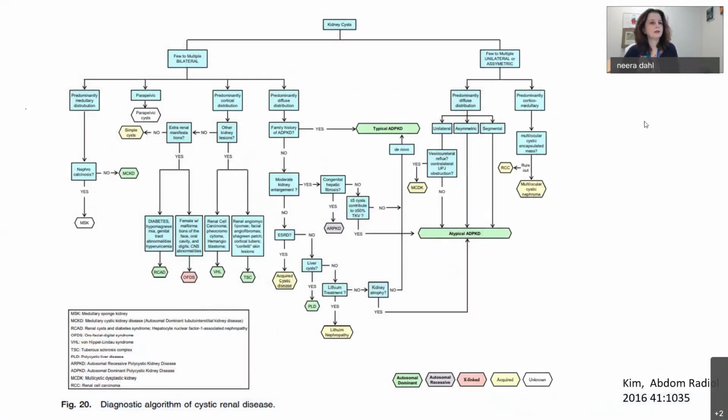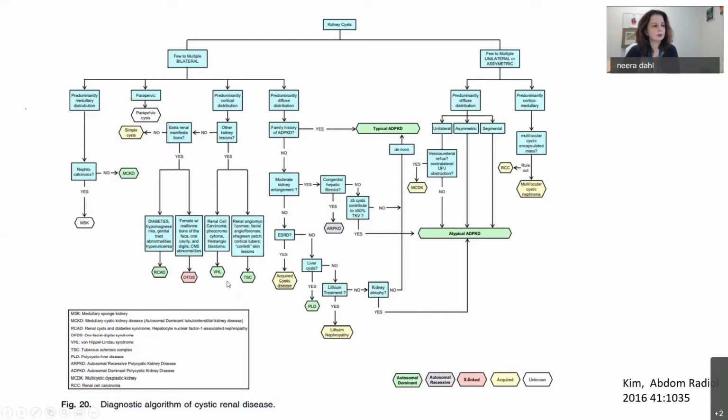If we're thinking of this from a kidney imaging perspective, I found this slide helpful. If you see someone with multiple cysts, if they're bilateral, that puts you in the ballpark for ADPKD. Whether they're parapelvic, cortical, or in diffuse distribution will help sort out whether it's truly ADPKD or, in this case, one of the other inherited diseases that can cause bilateral kidney cysts.